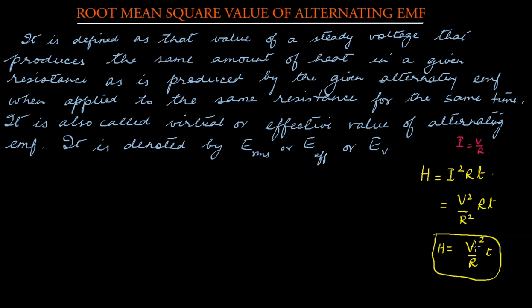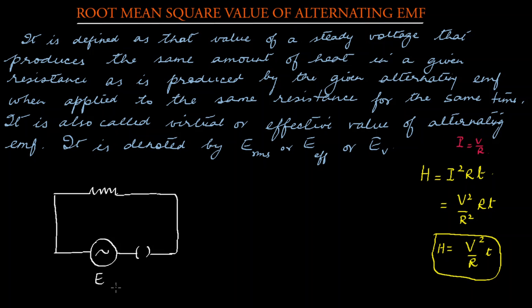All right, let us now use this, but instead of the voltage, we are going to write E for EMF. Imagine we have a circuit just like before, with a resistance in the circuit and an AC source. This is the alternating EMF.